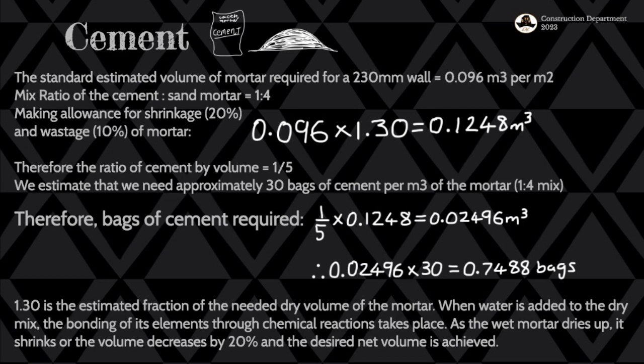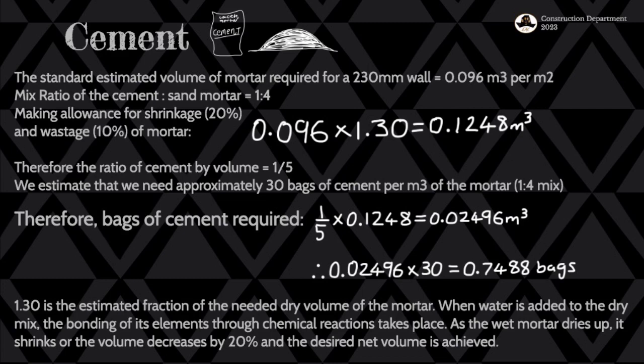But we have to make sure that we don't waste a lot. Since we're human beings, there's some error that can take place, thus leading to wastage. So we just have to factor that in. Then we multiply and get 0.1248 cubic meters. So that's the volume when we include the wastage and the shrinkage.